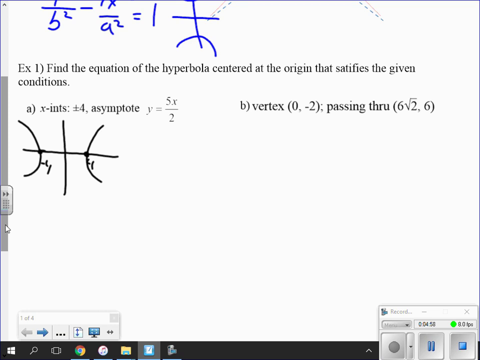Which tells us the distance of our a. Our a is 4. That gives us our a. So we have our h and our k, which is 0 and 0. And because it opens side to side the way it's worded here, we have x squared over 4 squared, which is 16, minus y squared, and we have to figure out what b squared is.